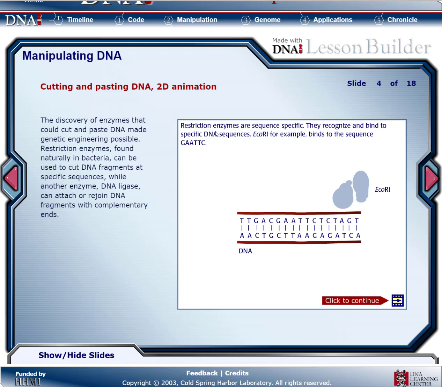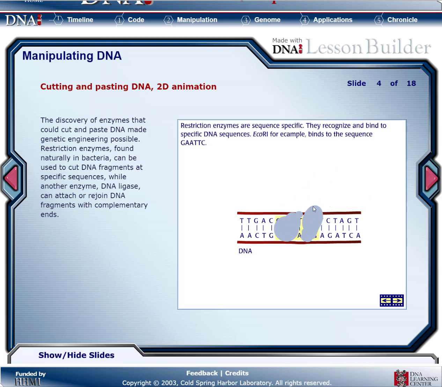Okay, so restriction enzymes are sequence specific. They recognize and bind to specific DNA sequences. Okay, so that's another good note. Okay, so we look at this.